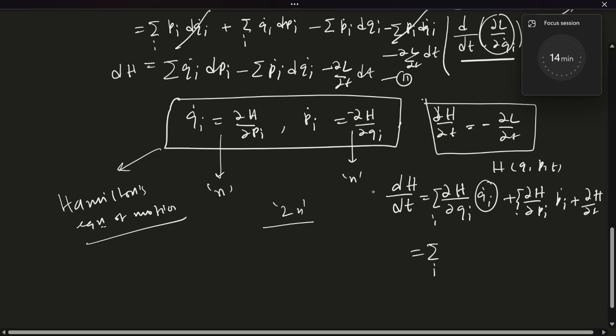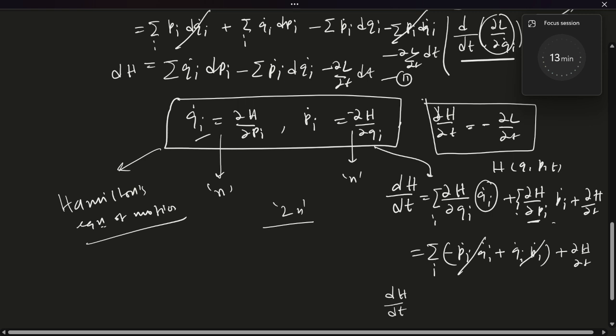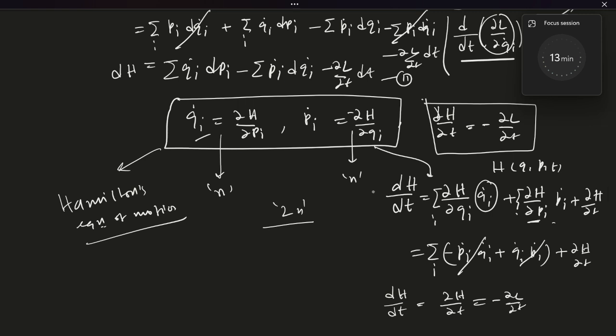Del H by del q_i is what? Minus p_i dot. And this is q_i dot, plus del H by del p_i is what? q_i dot, and this is your p_i dot. So that will cancel out, right? That means dH by dt is nothing but del H by del t, and that is nothing but minus del L by del t.